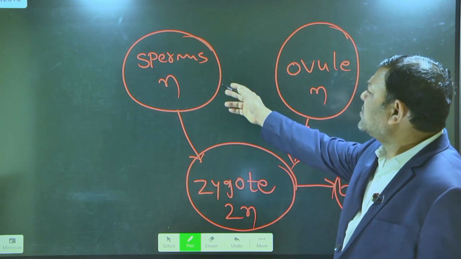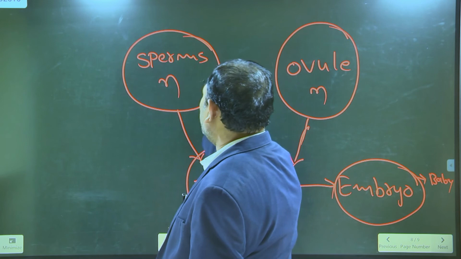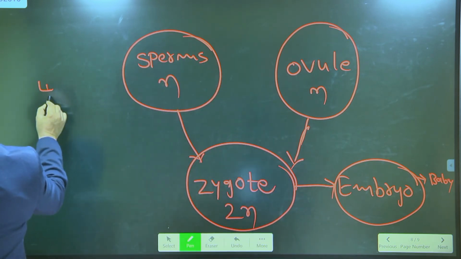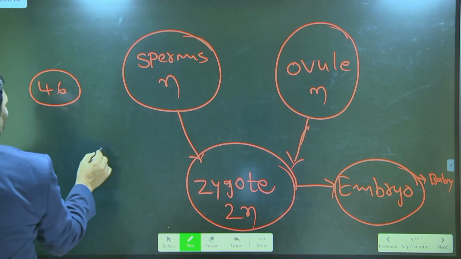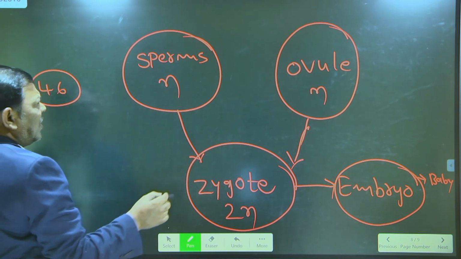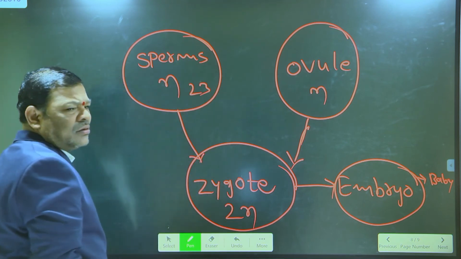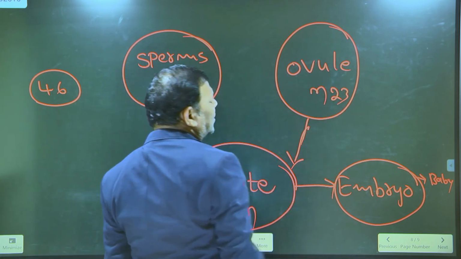Next, in sperms, how many sets of chromosomes are present? In human beings, 46 chromosomes are present. Male has 46, female also 46. When gametes are formed, how many chromosomes are present? 23 chromosomes are present.